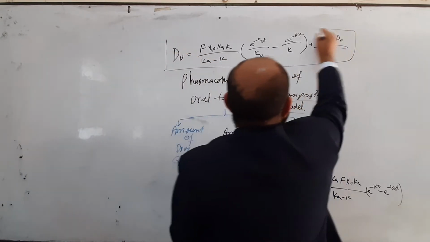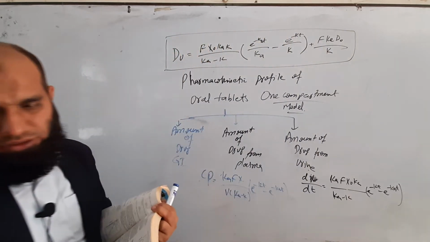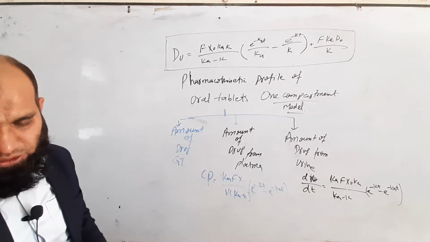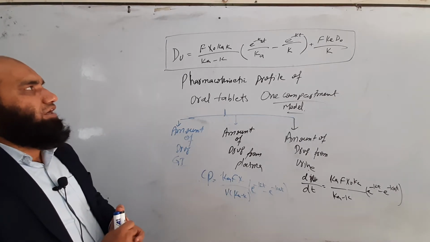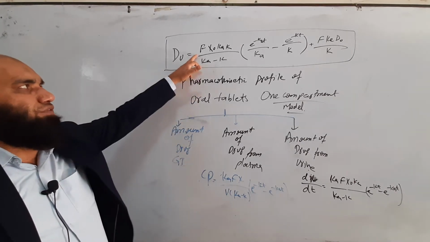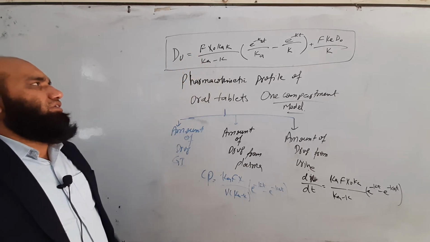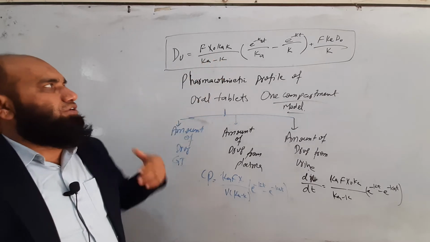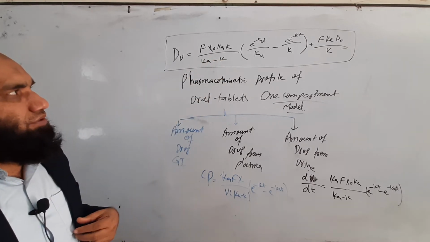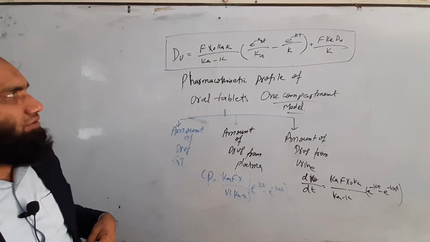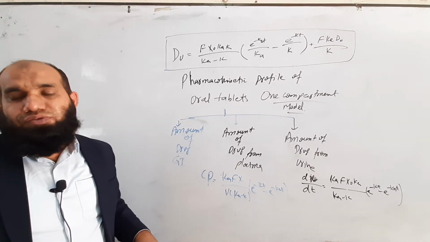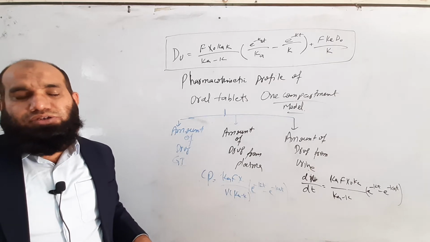This will give us the cumulative amount of drug in urine. Here F is the fraction of drug which is absorbed, X naught is the dose of the drug, which we can also write as D naught, Ka is the absorption rate constant, and t is the time at which we want to measure the drug. We can calculate the cumulative amount of drug excreted through the urine by using this simple concept.